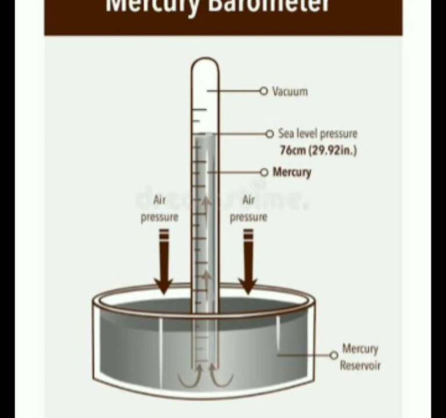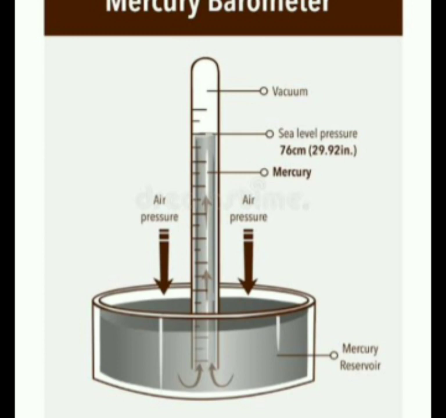This creates a small vacuum at the top of the glass tube. You can see the vacuum. The mercury in the tube stops at a certain height. This height shows the pressure exerted by the atmosphere from outside.